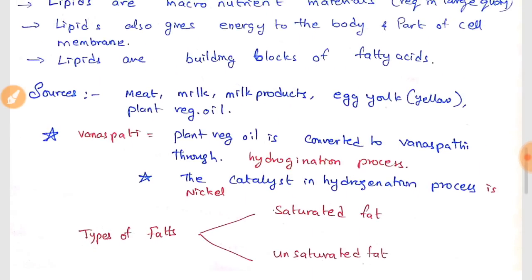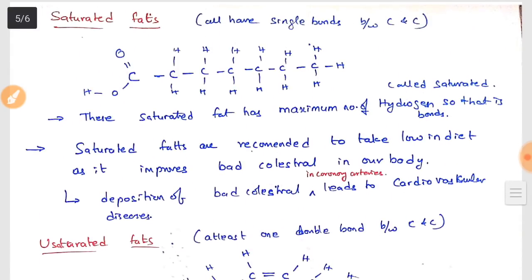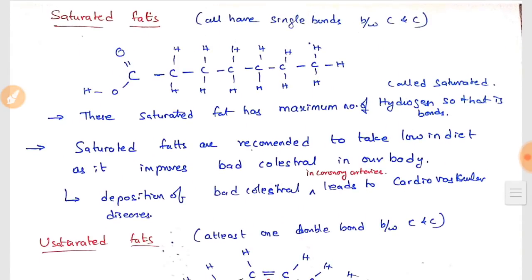So what are the types of fats? Fats are saturated fats and unsaturated fats. What are saturated fats? How does the name come?